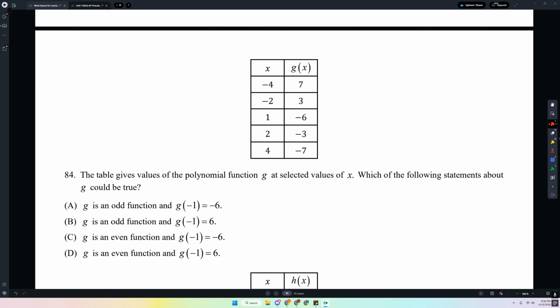84 looks different. The table gives values of the polynomial function g at selected values of x. Which of the following statements about g could be true?